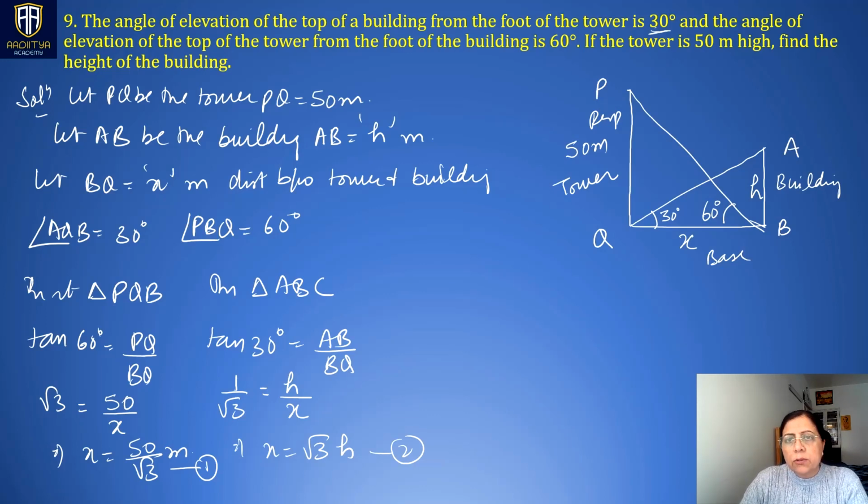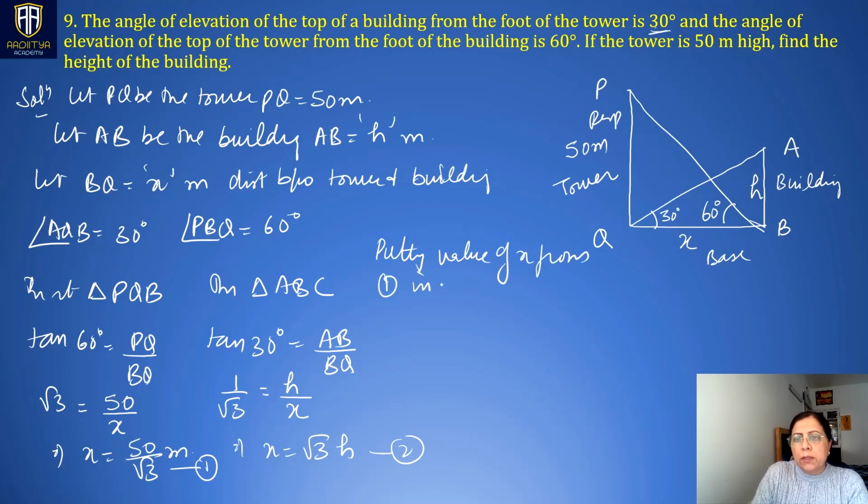Now since x is not required in this question, right now I need to eliminate x from these two equations. So what I can do is put the value of x from equation 1 in equation 2. X is 50 upon root 3. So I have replaced this x by this value. This is equal to root 3h.